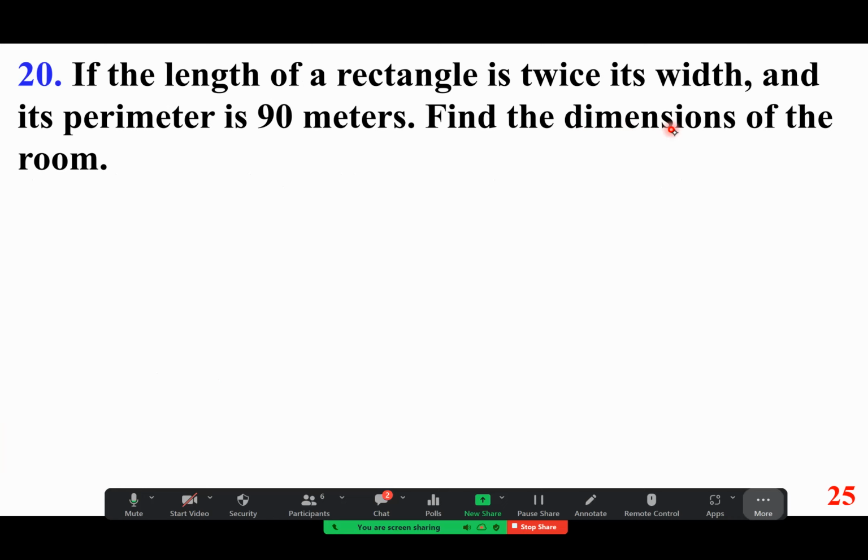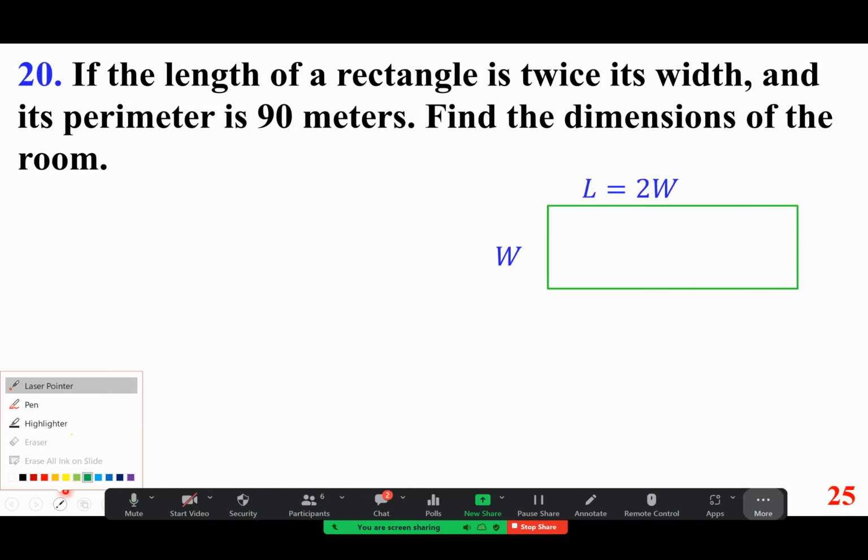And so we are dealing with a rectangular shape. One side is the width, and the larger side is the length, and the length is twice its width, so it's 2w. So let's just make sure you understand this means this.